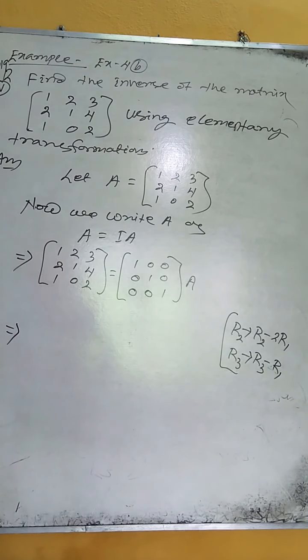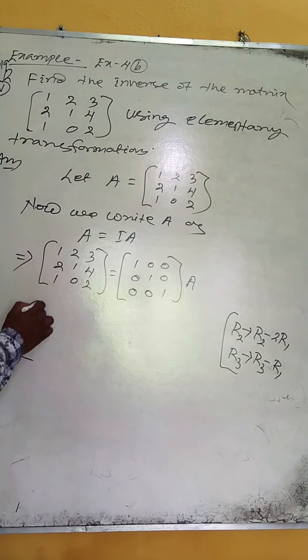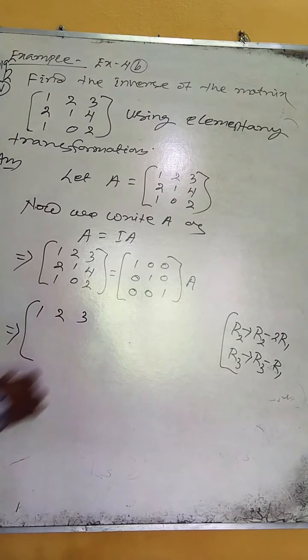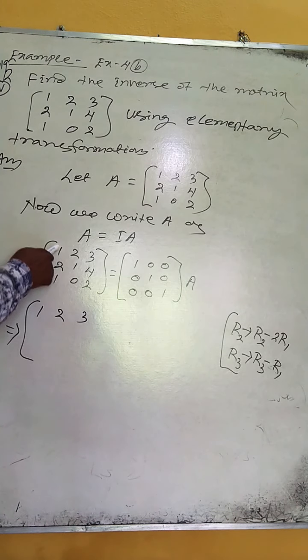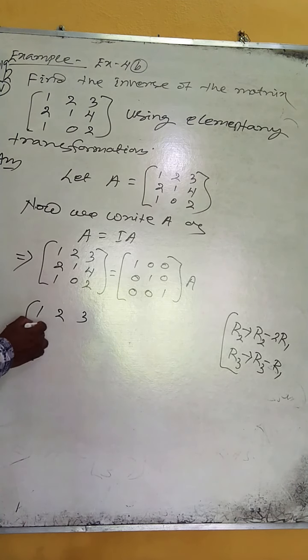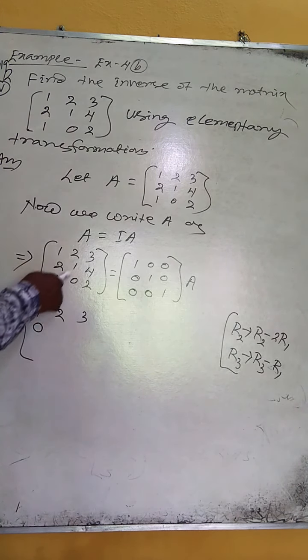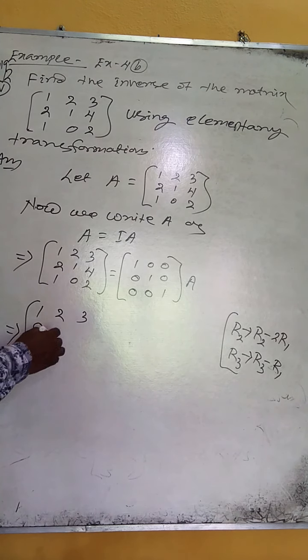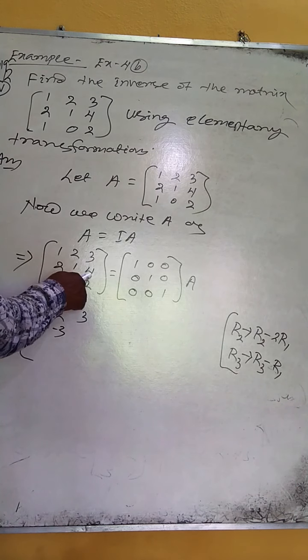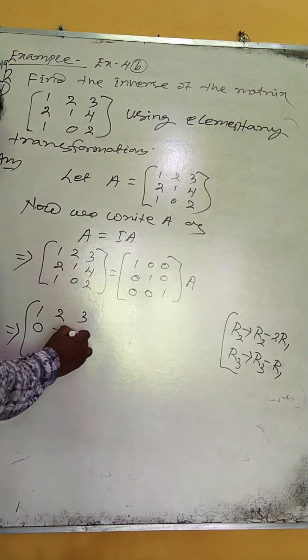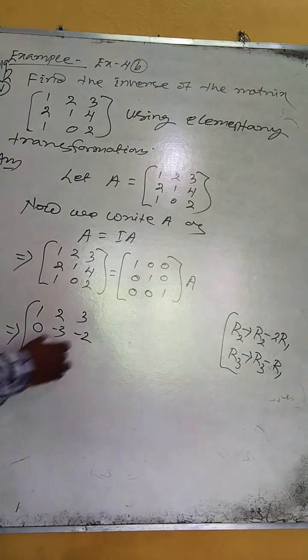That implies here we write 1 2 3, then R2 minus 2R1 gives 0, 1 minus 4 is minus 3, 4 minus 6 is minus 2.